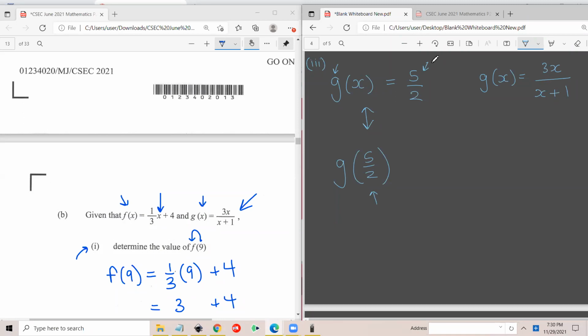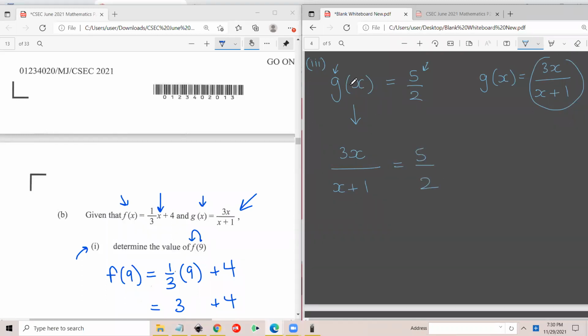So the questions are both different types of questions. What they want you to do in this question is actually figure out what value of x will give you 5 on 2. So what you need to do in a question like this, when the value is on the other side of the equal sign, is take the equation itself, which is 3x on x plus 1, and put it equal to whatever they give you.